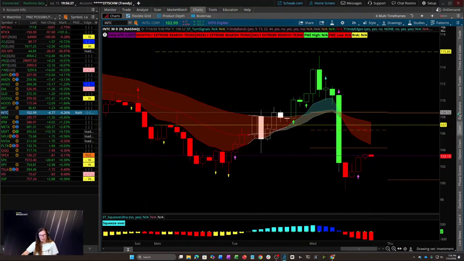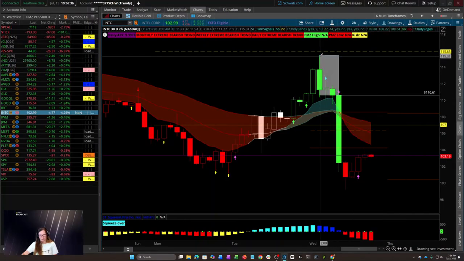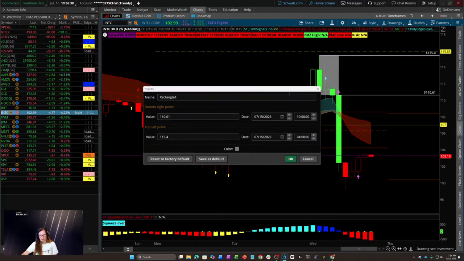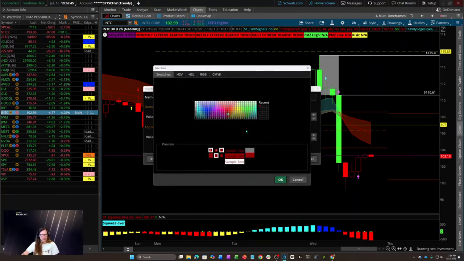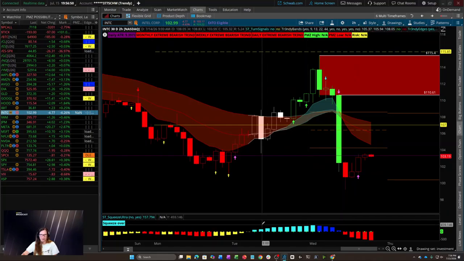Okay, Intel. Intel had a big sell-off, right? It's pretty obvious if you were a part of this session that we did, I believe last month, that's a sell zone because you got that big old imbalance candle right there.